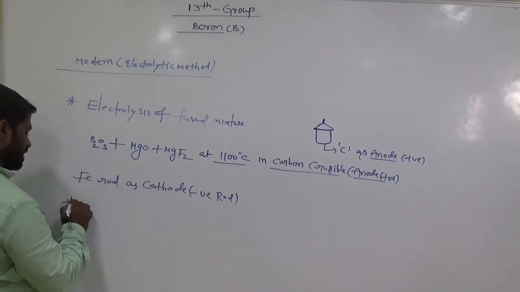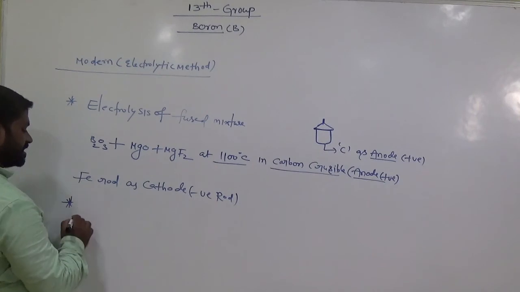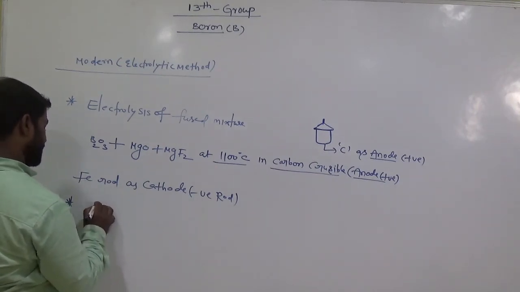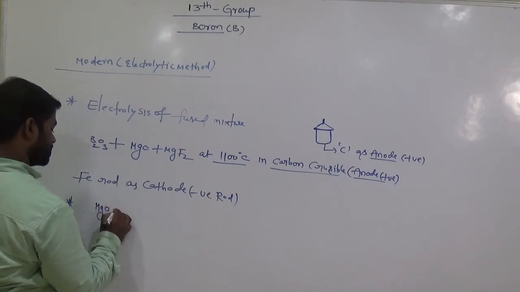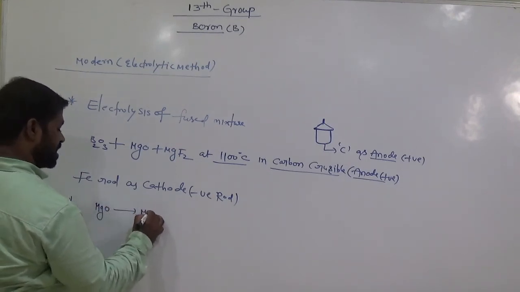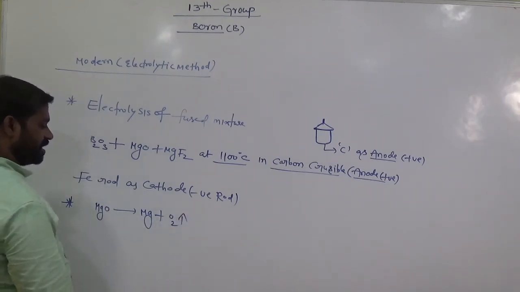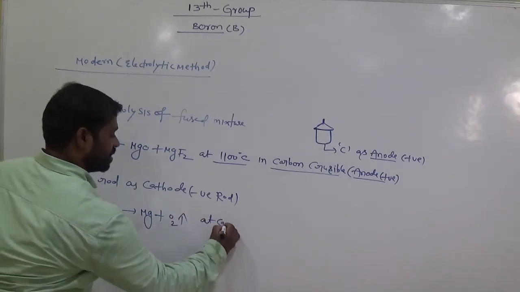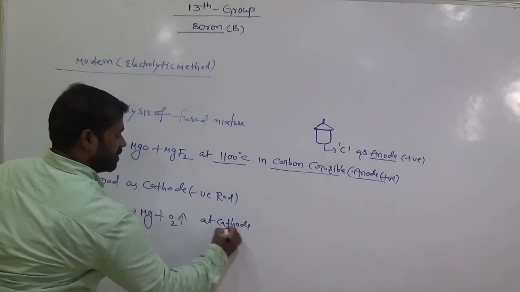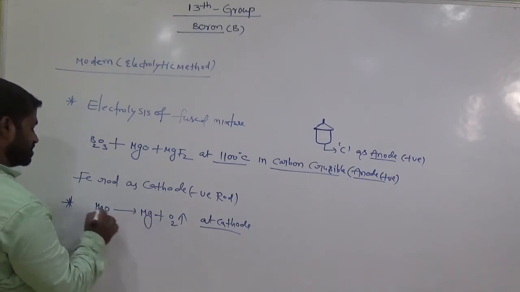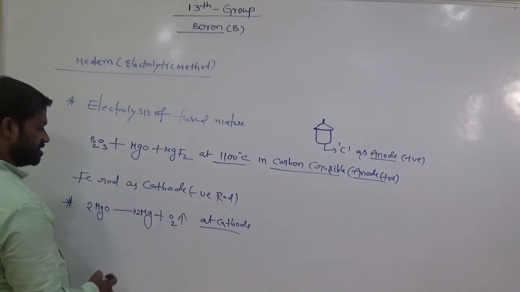And here in the first step, what happened? Magnesium oxide gives magnesium and oxygen at cathode. Remember this reaction at cathode. And how many oxygens? 2 oxygens, balance this one. Magnesium is generated.